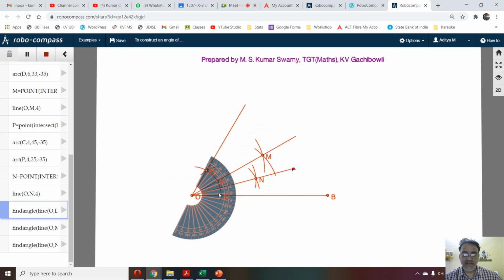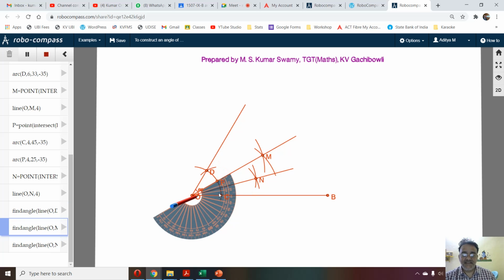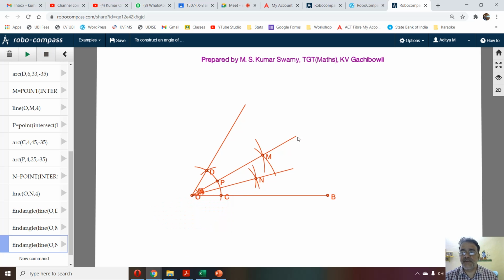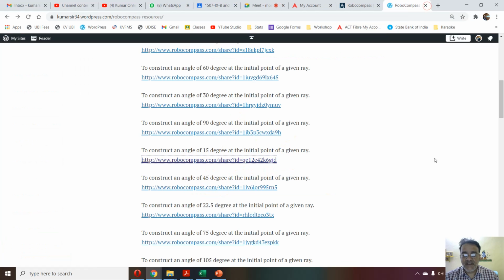So let us measure. This was 60 degree. Now half of 60, 30. Now half of 30 is 15. Right? So this is the construction of 15 degree at the initial point of a given ray.